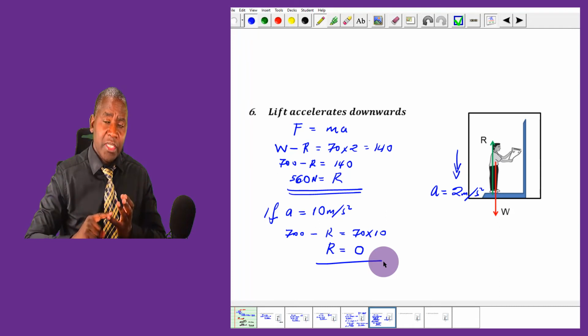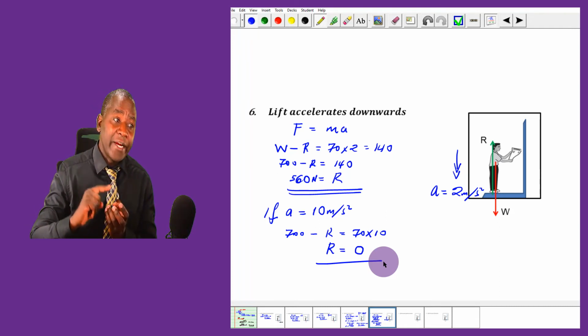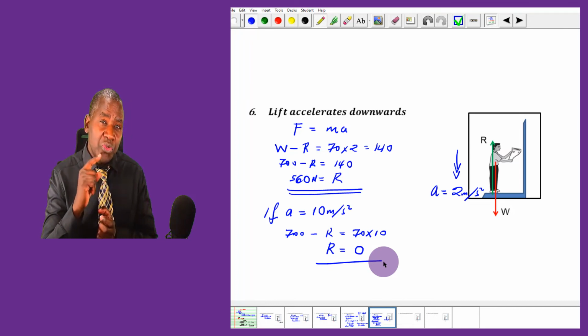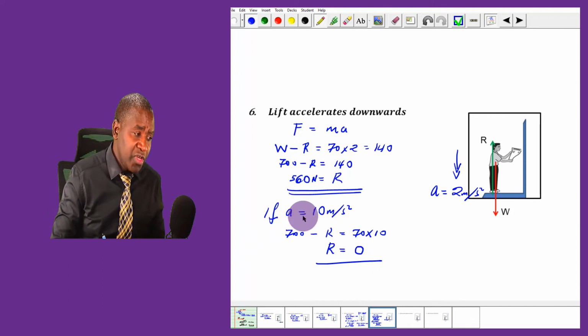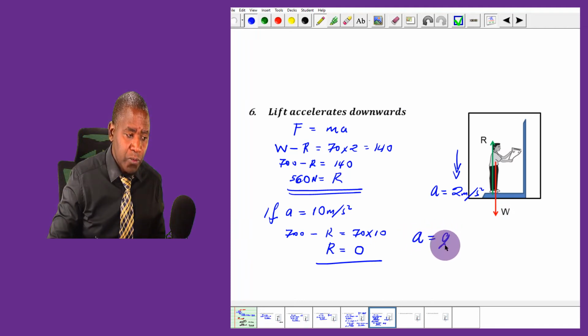Number one, when the lift is moving upwards with a deceleration of 10 meters per second squared or higher. Or when this lift is accelerating downwards with an acceleration equal to the acceleration due to gravity. You can see this acceleration here is equal to g when A is equal to g.